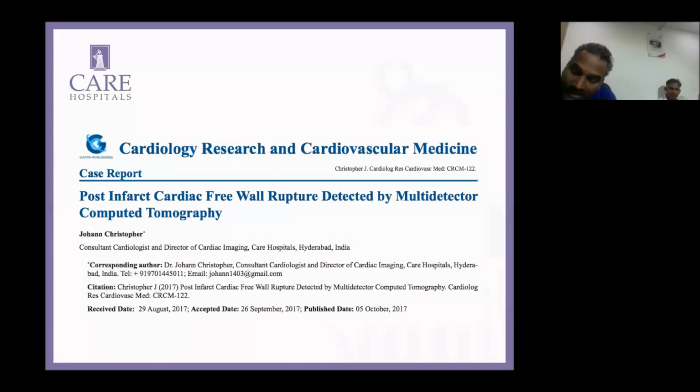So in cardiac MRI, I couldn't find any site of leakage. But there is a split in the myocardium. In most of the sections, the LV myocardium is completely split from apex to base, and even the RV myocardium is split.